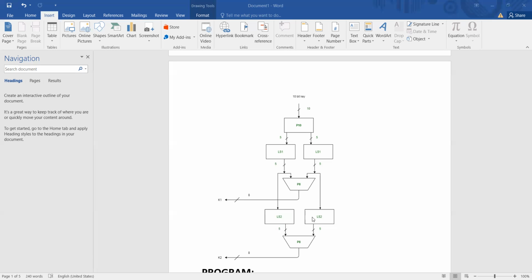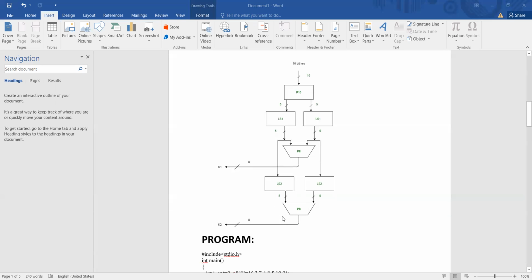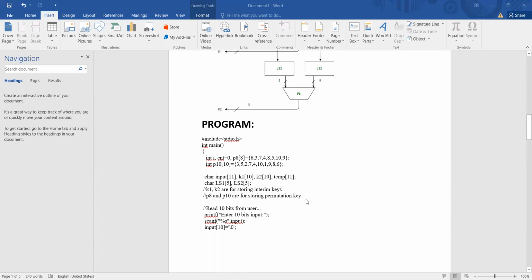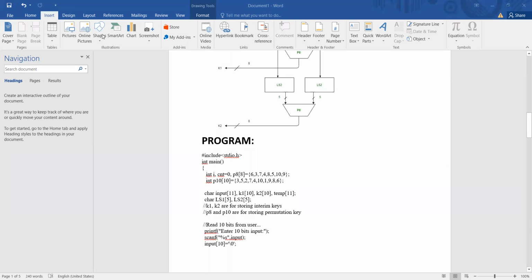After doing the left shift twice, we combine them and take them into the P8 permutation transposition technique, so that 10 bits are converted to 8 bits, and this generated 8 bits is the second key. Like this, the process continues until all 16 keys are generated.